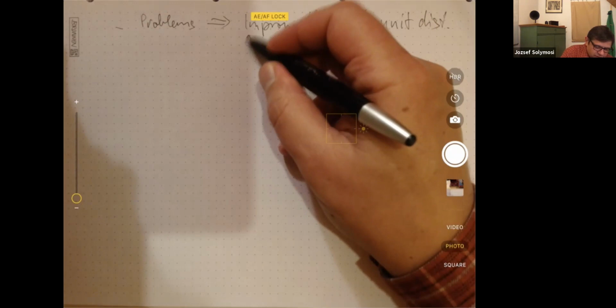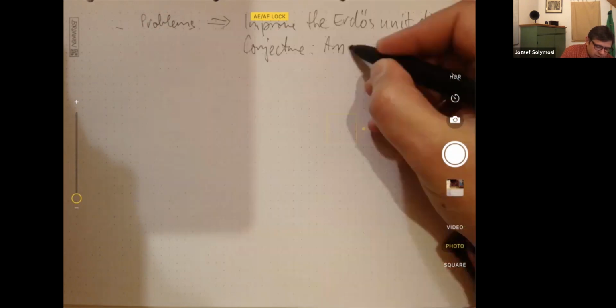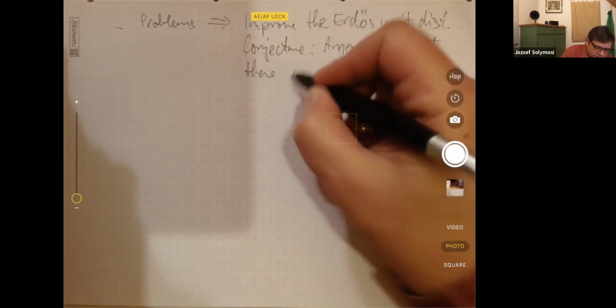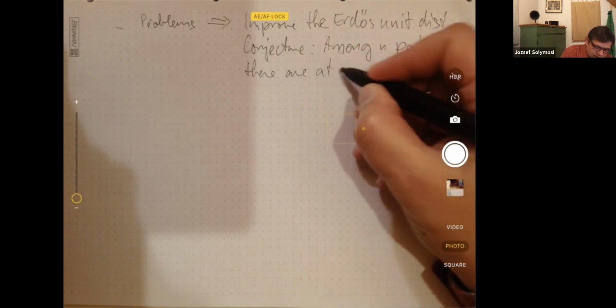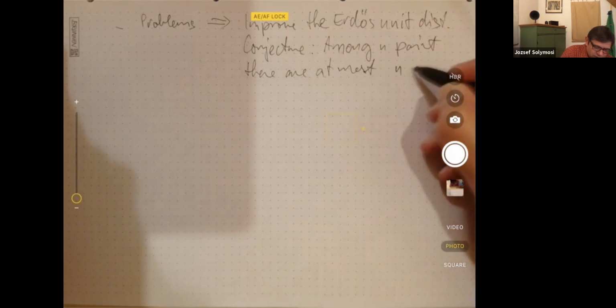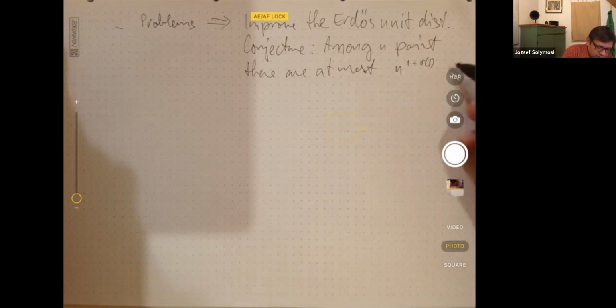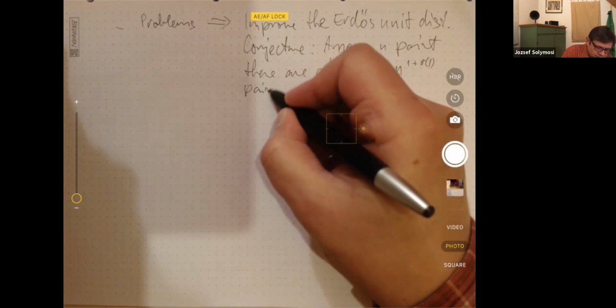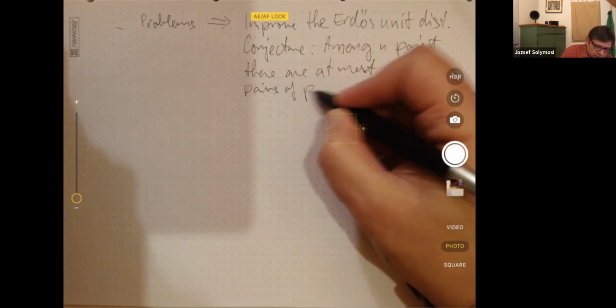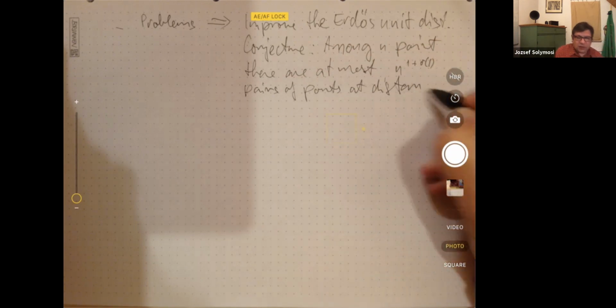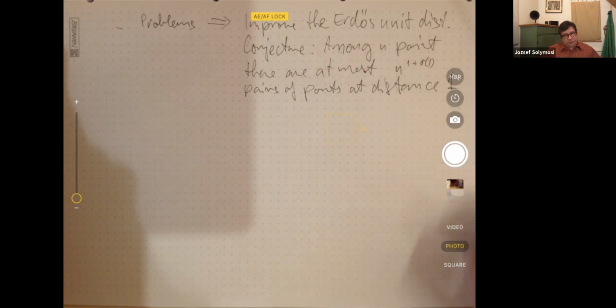Among n endpoints in the plane, there are at most n to the 1 plus little o(1) pairs of points at distance 1. And you can't really expect n, because if you take the integer grid, then that would give you something more.